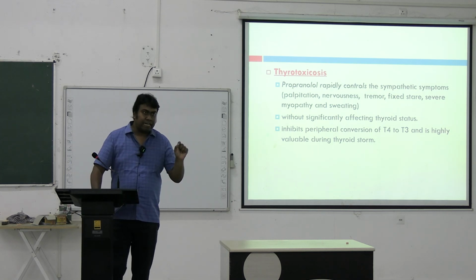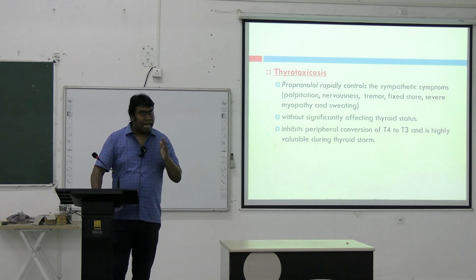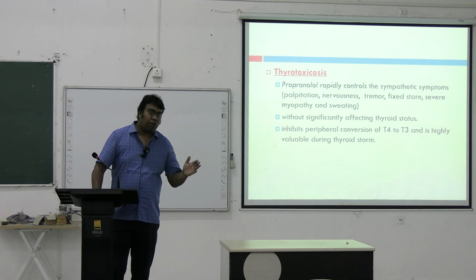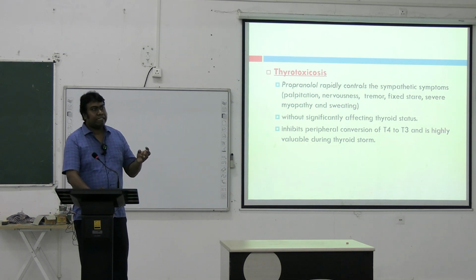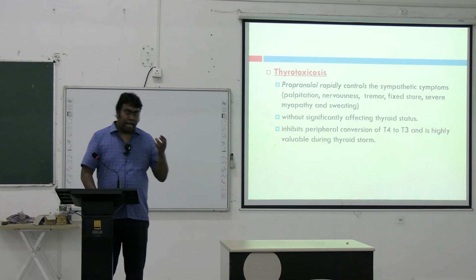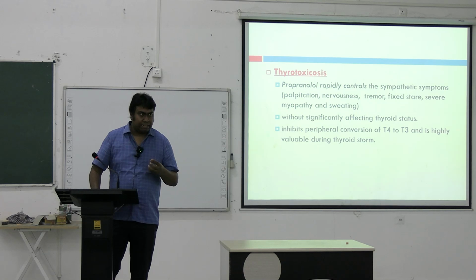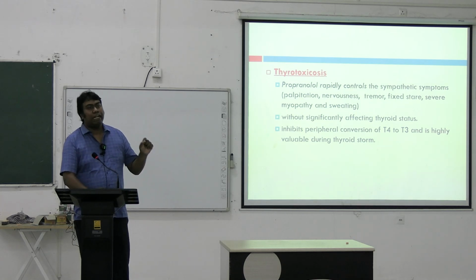For their action, there is a peripheral conversion from T4 to T3 that can be inhibited by the beta blocker. So peripheral conversion of T4 to T3 is reduced, less amount of T3 is available for their action, but they have no action on synthesis or release of thyroid hormone.